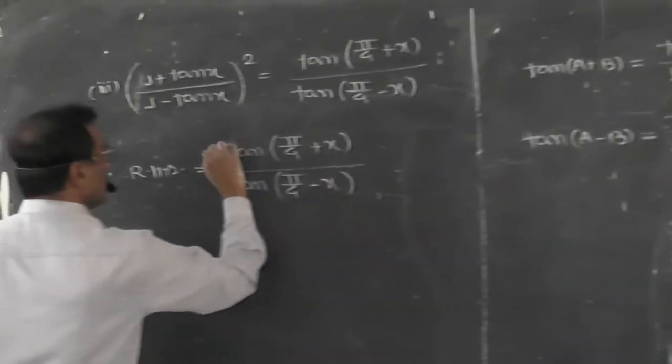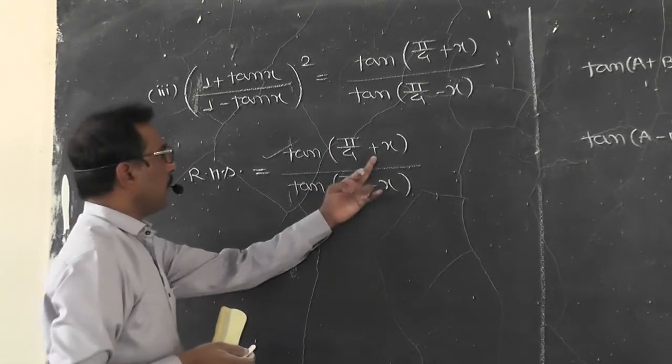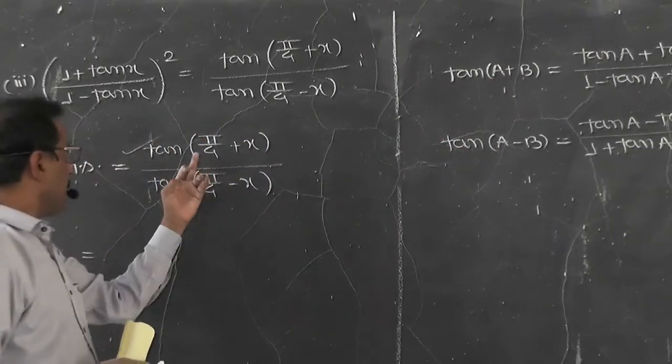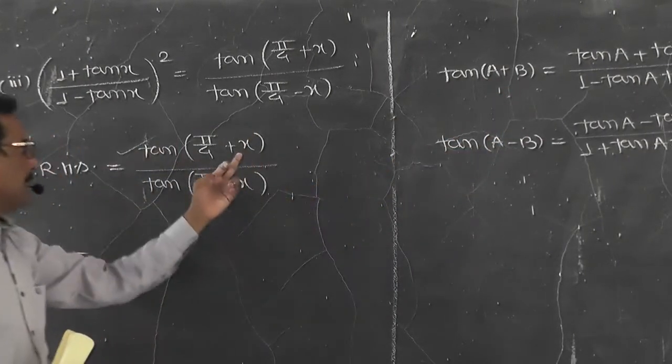Now I will continue. Tan of pi by 4 plus x is tan of a plus b, where a is replaced by pi by 4 and b is replaced by x.